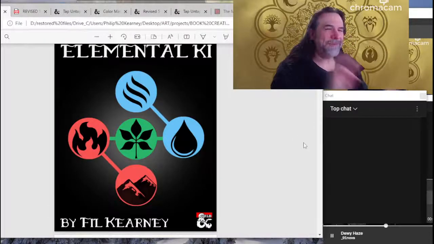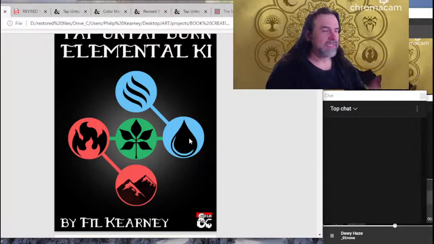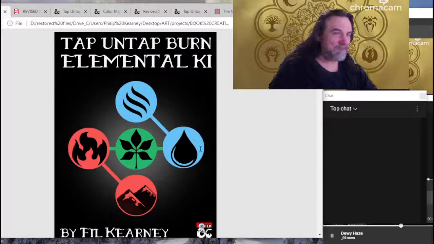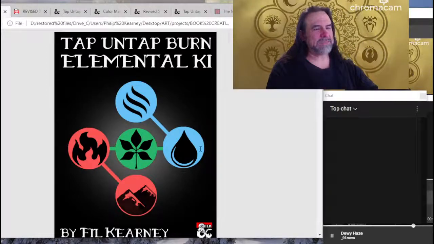But if we're looking at the 4 elemental paradigm, we're looking at air, earth, fire, and water, specifically those 4 elements. And let's go ahead and get into the book here. It's pretty obvious what aspects of magic each of the 4 elements represents. And interestingly, the monk has a very limited set of spells that it uses.